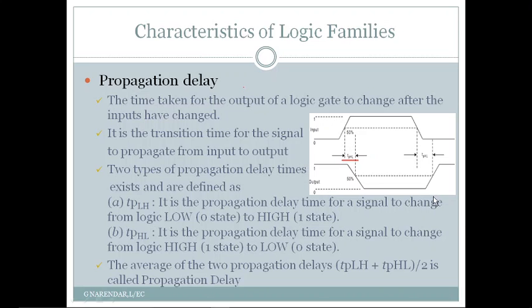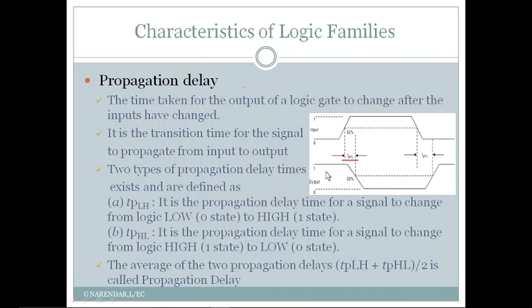So when the output signal is changing from low to high, this propagation delay between the input signal and the output signal, when measured between the 50% transition points, is called TPLH. Here it is written as TPHL, but it is TPLH, propagation delay when the output changes from low to high, that is TPLH.